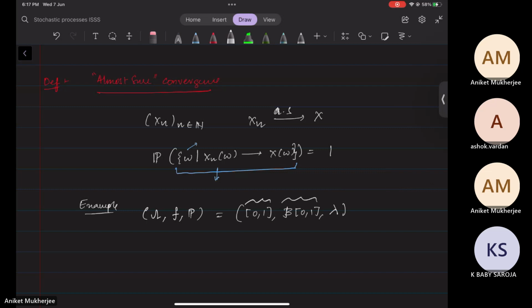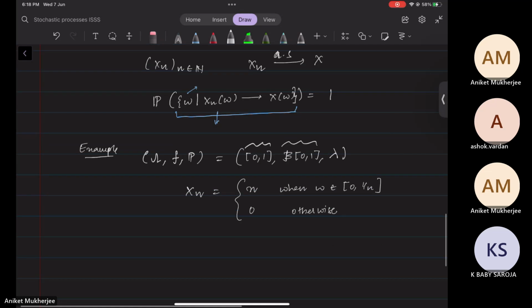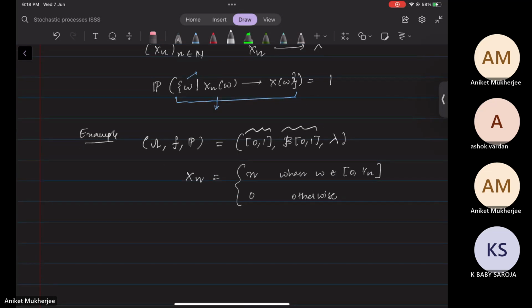And then you have Xn equal to the random variable n when omega belongs to (0, 1/n), and 0 otherwise. So when you have an outcome between 0 and 1/n, the random variable takes the value n.